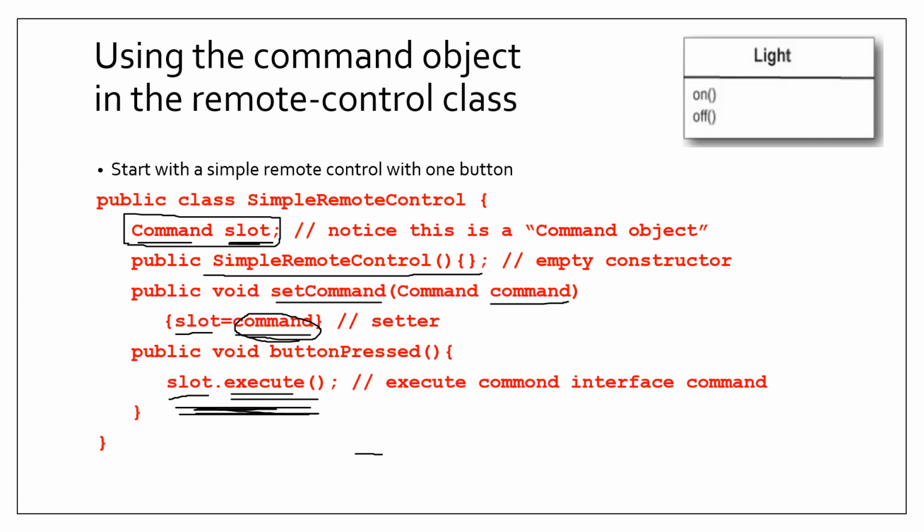It simply says, hey, when you press the button on this slot, that slot is connected to this command object that you gave me. I call that command object's execute, and after that I have no idea what's going on, which is absolutely beautiful. We can now create as many command objects as we want and polymorphically put them into the slots. It's a beautiful thing.